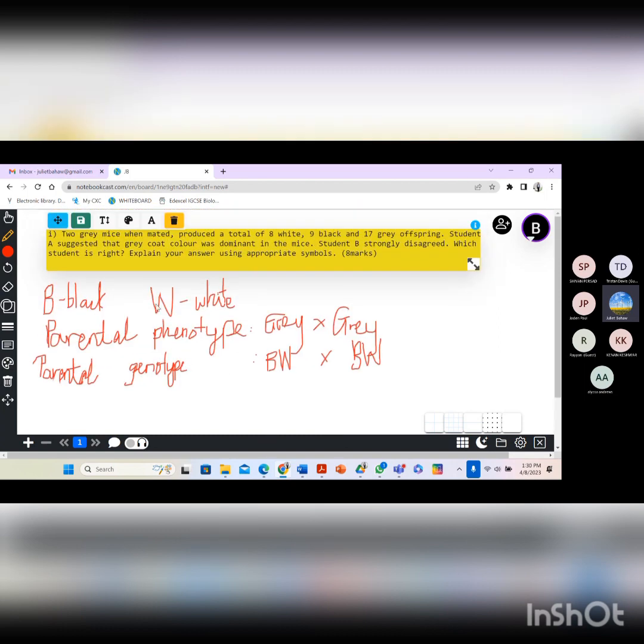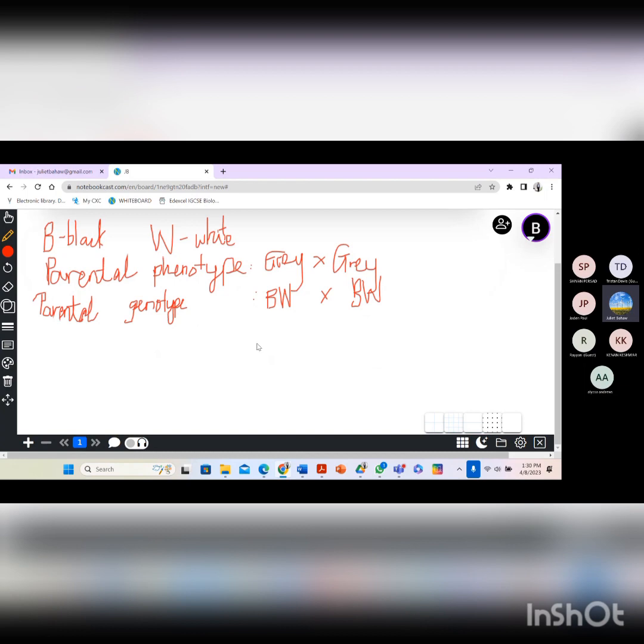Now we're going to use the Punnett square. By now, if you looked at the video over, you would have practiced some questions in school. You should be able to work out your Punnett square on your own, but I'll still show you. You're putting your parents on the top and at the side.